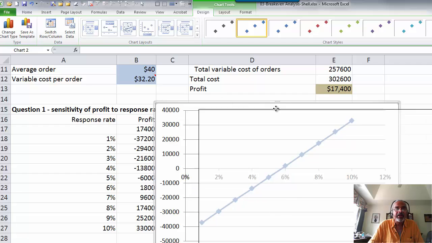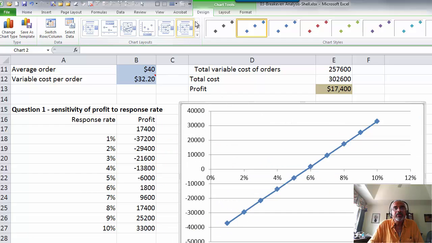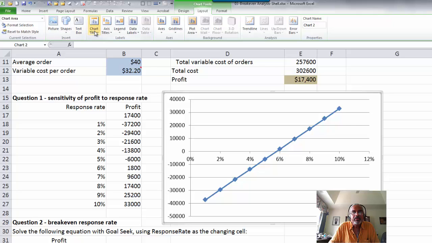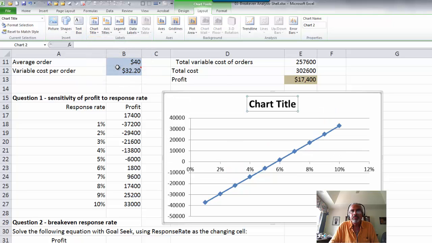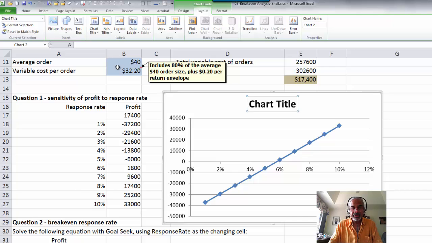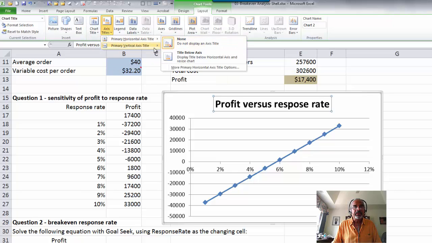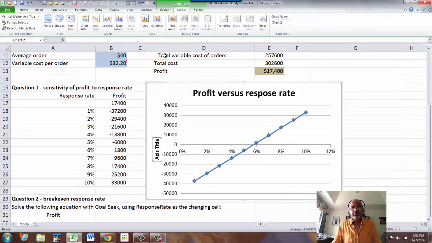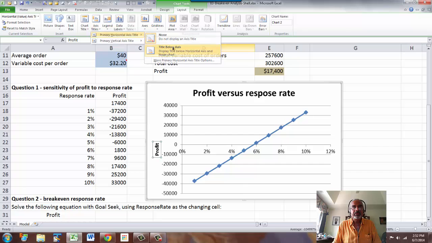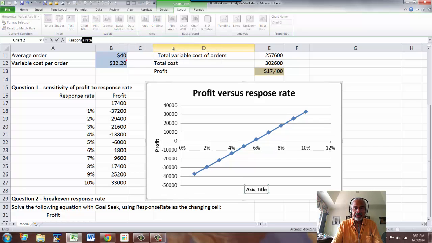Now let's format this graph by including a chart title, which is profit versus response rate, the y-axis title is profit, and the x-axis title is response rate.